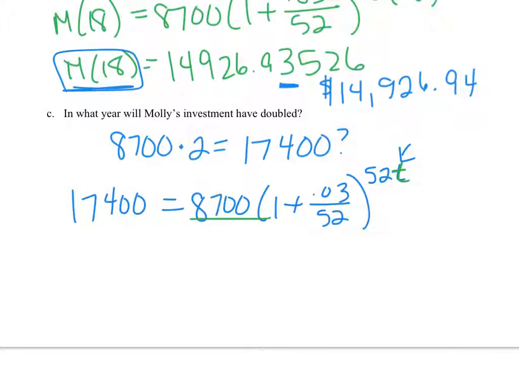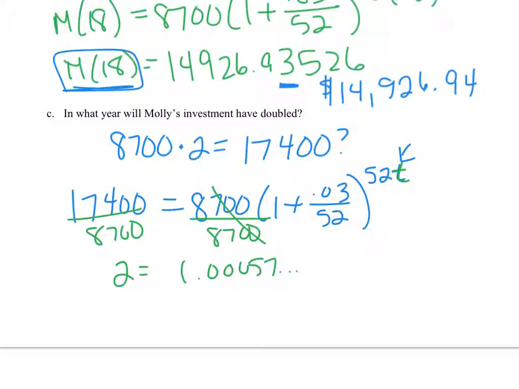If we divide by 8,700, lo and behold, hopefully it's sort of obvious to you that you get 2, because that's how we figured out what the number was. And then it is 1 point, that number. Again, leave it in your calculator. Don't round anytime you're dealing with logs.